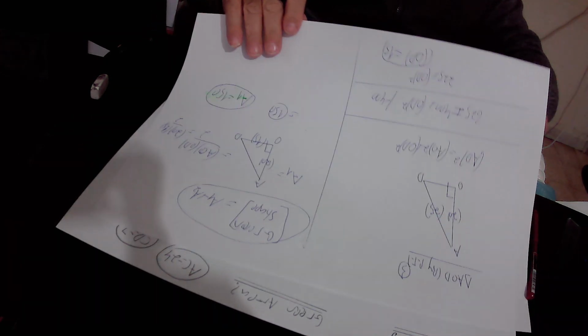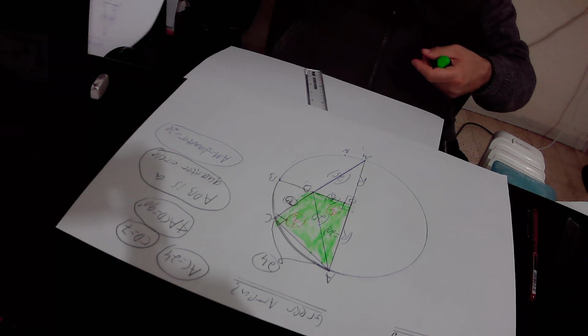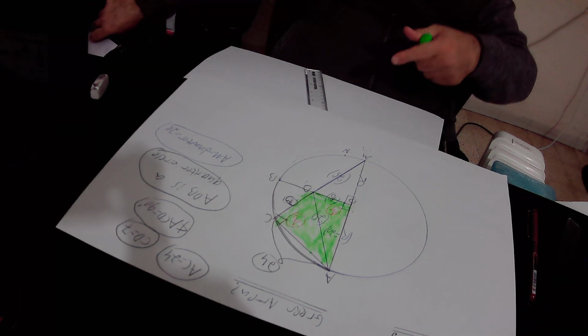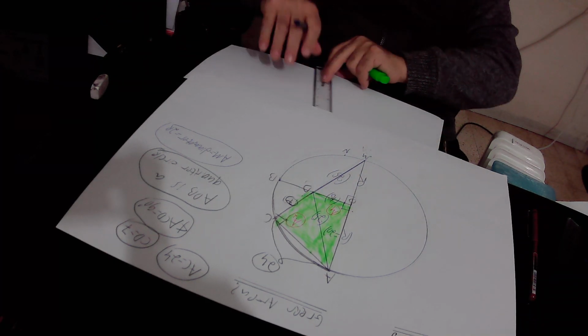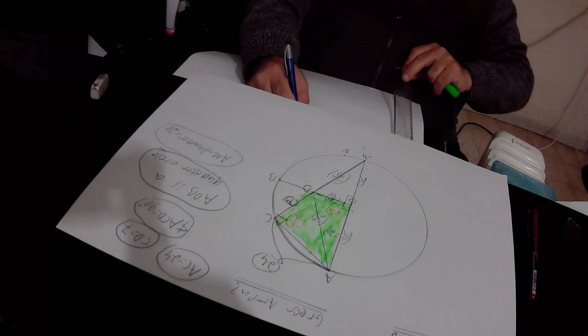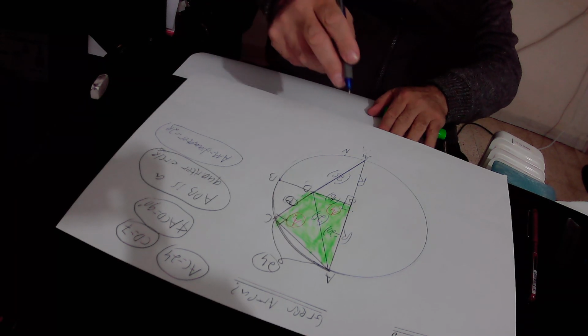In the next step we find out the value of A2, that is the area of the green right triangle ACD. So I copy the green right triangle ACD in a new page and we find out the area of this green right triangle.